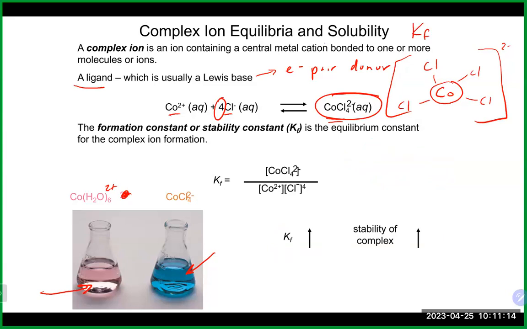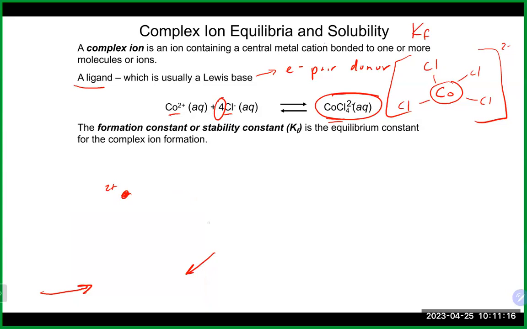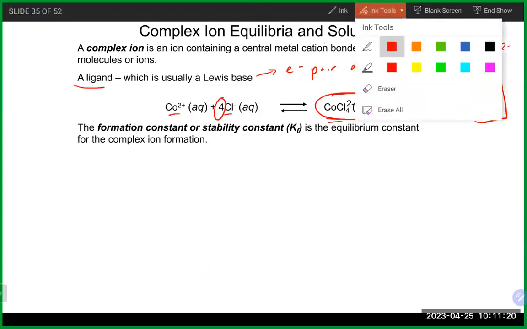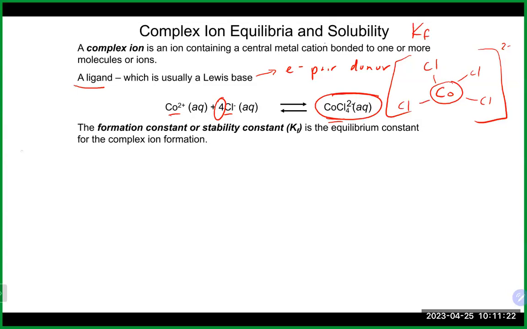In this particular case, the very first thing that would happen is our cobalt would pick up one chloride and would make CoCl+.